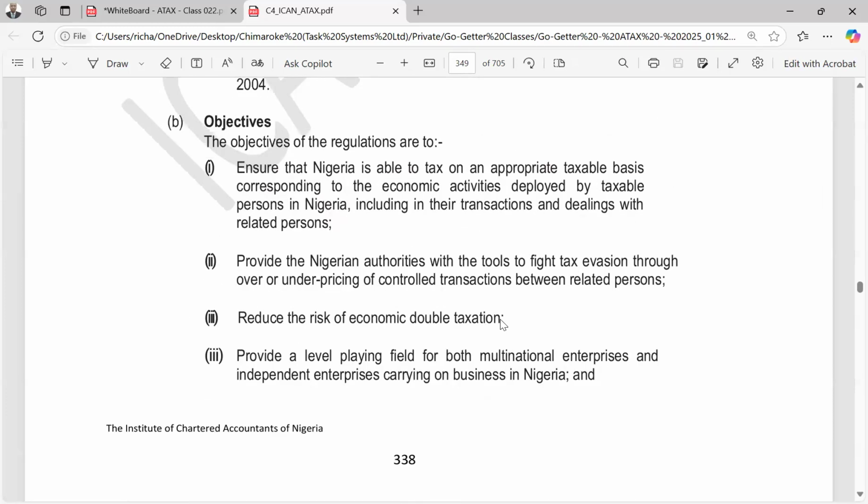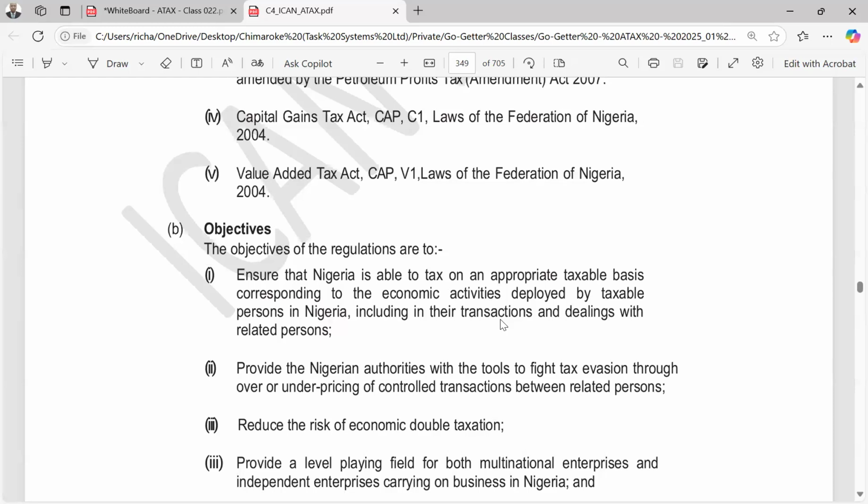All right, so what are the objectives of transfer pricing regulations? The objective of the regulations put in place to examine transfer pricing is to ensure that Nigeria is able to tax on an appropriate taxable basis corresponding to the economic activities deployed by taxable persons in Nigeria, including their transactions and dealings with related persons.